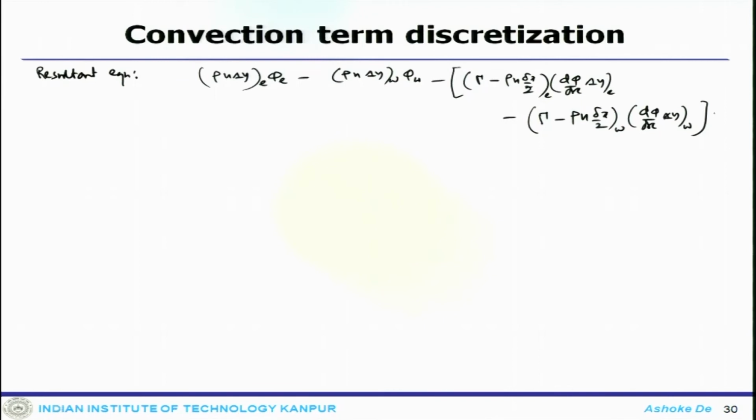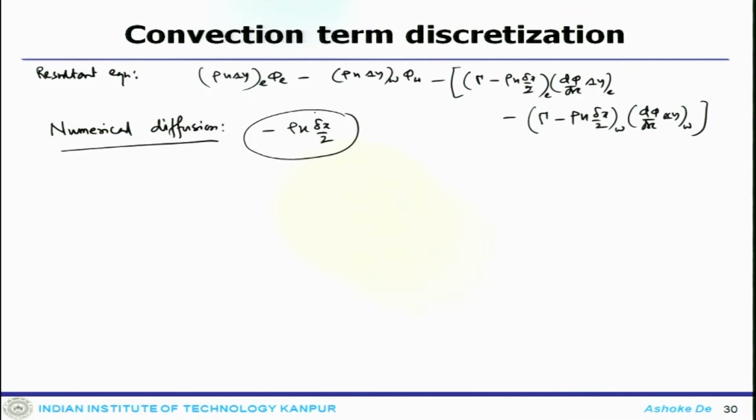Again here the numerical diffusion is of the order of minus rho u del x by 2. Compared to the standard upwind scheme, the numerical diffusion comes with a negative sign, which acts to decrease the diffusion coefficient.